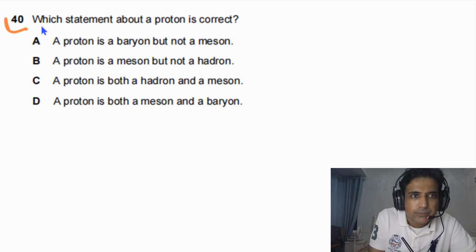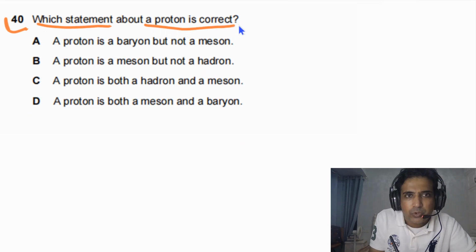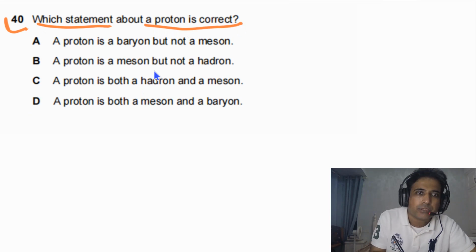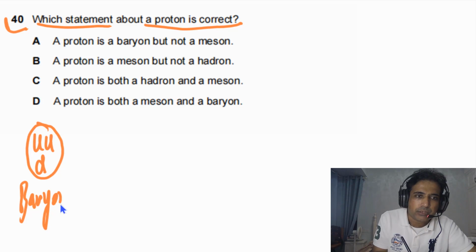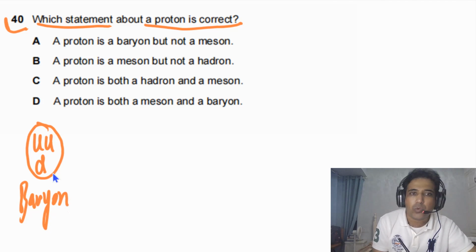Question 40 says, which statement about a proton is correct? A proton consists of 3 quarks: 2 up quarks and 1 down quark. So proton is a baryon because baryons consist of 3 quarks or antiquarks.